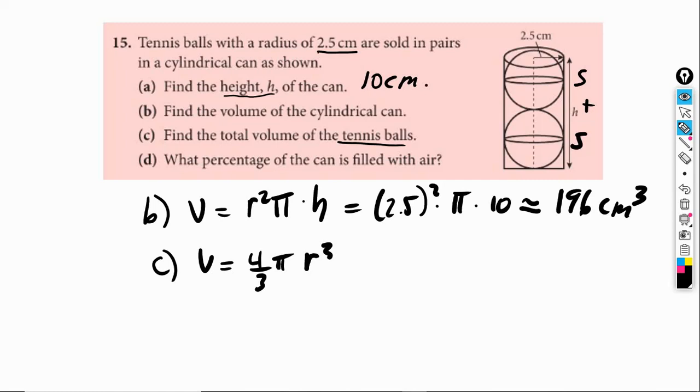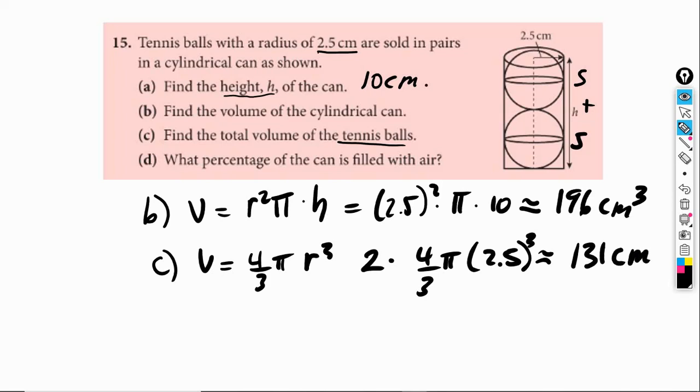So the total volume of the tennis balls would be 2 times 4/3 pi radius cubed, so 2.5 cubed. And you will see that that is approximately 131 centimeters cubed.